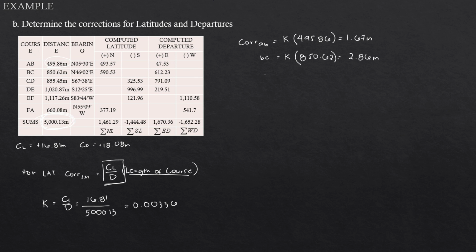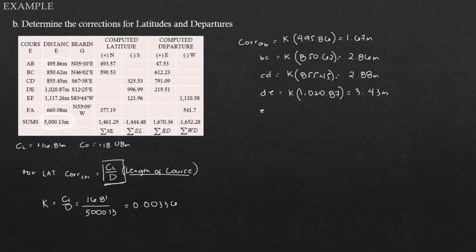Sa CD naman natin, correction sa CD is yung K ulit, times yung length, 855.45, is equal to 2.88 meters. Then DE natin is equal to K times length natin, 1,020.87. Correction sa DE natin ngayon is equal to 3.43 meters.